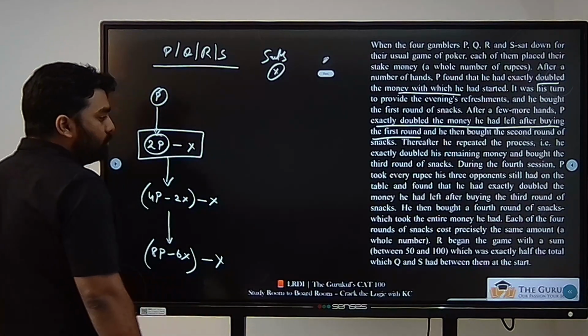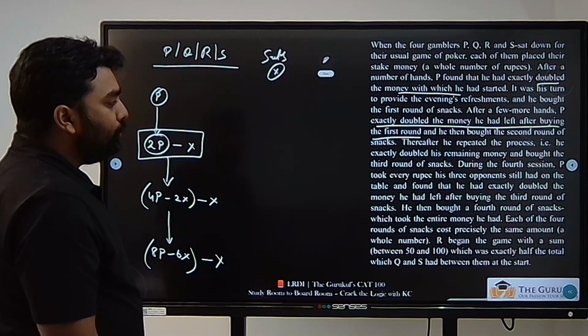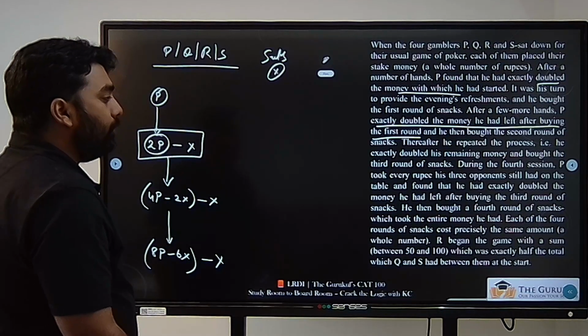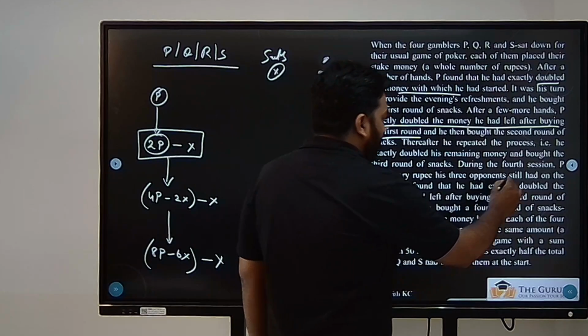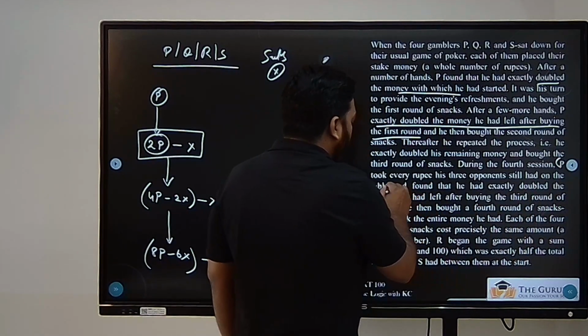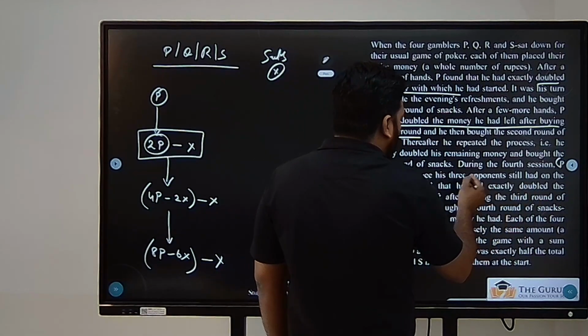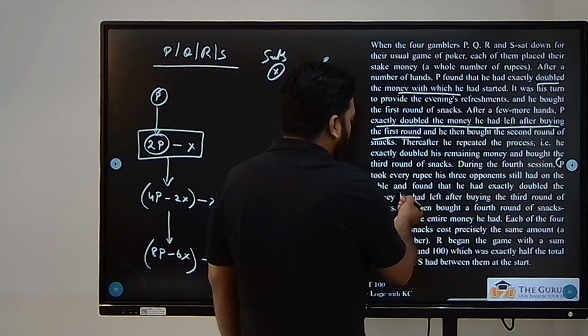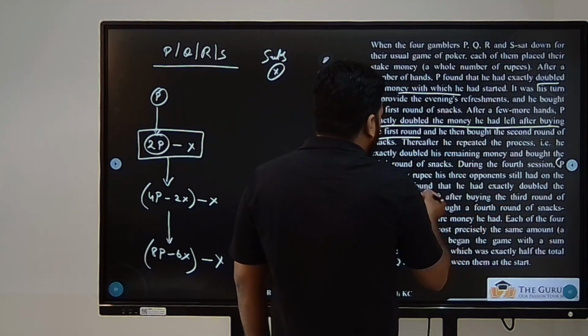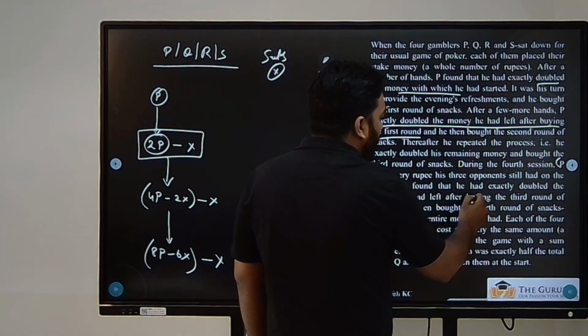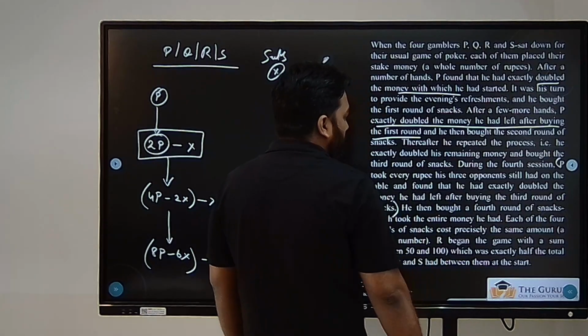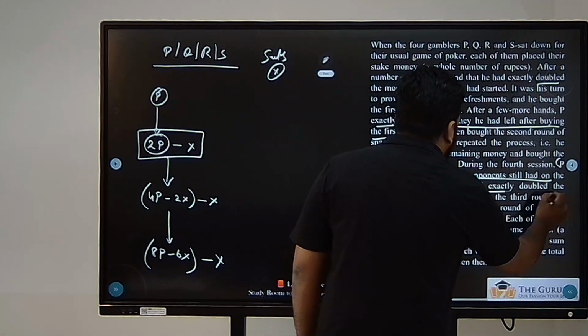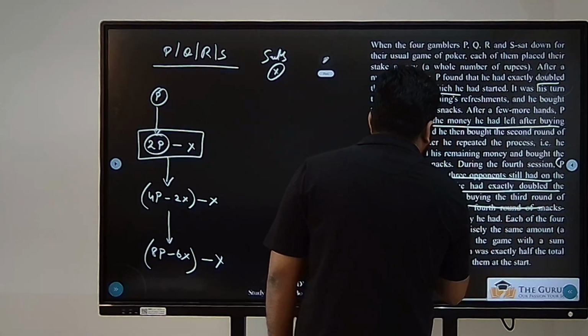So minus X rupees. During the fourth session, P took every rupee from the other three opponents he still had on the table, and found that he exactly doubled the money he had after buying the third round of snacks. Remember this one, we'll come back to this later. So he took the money from all the people on the table.